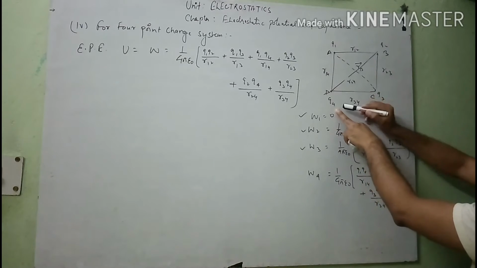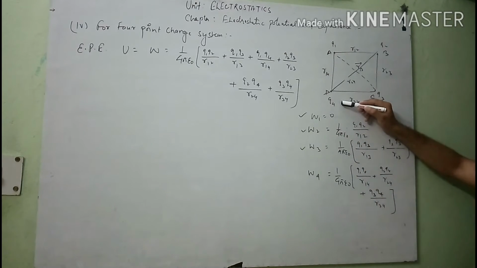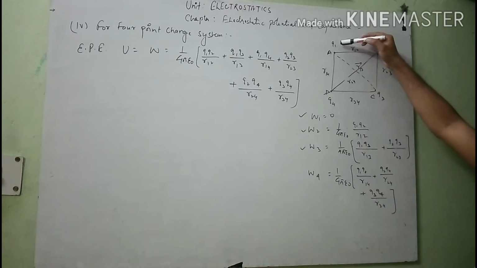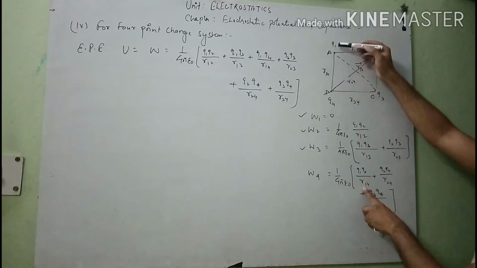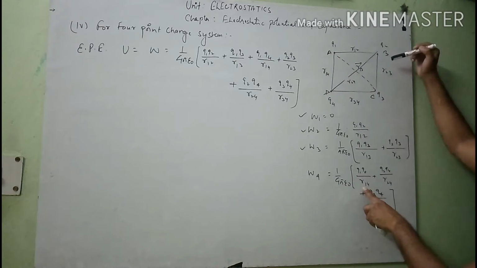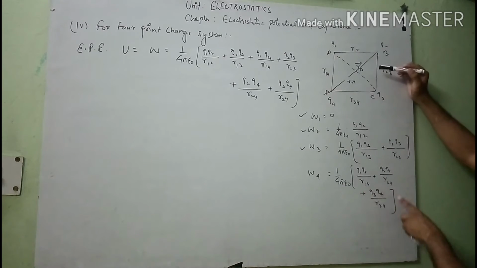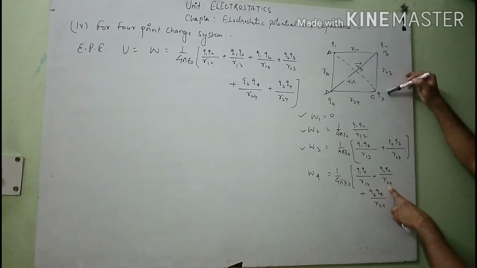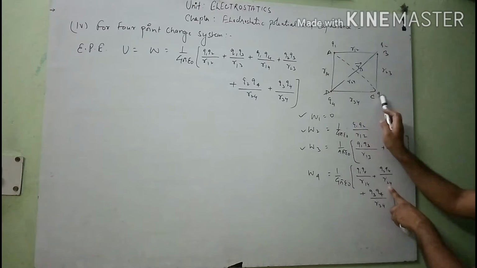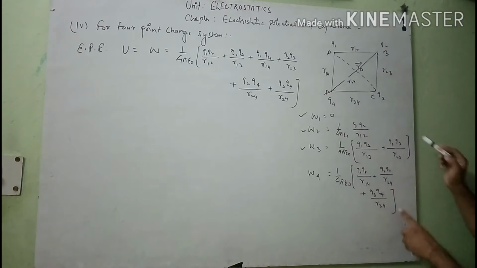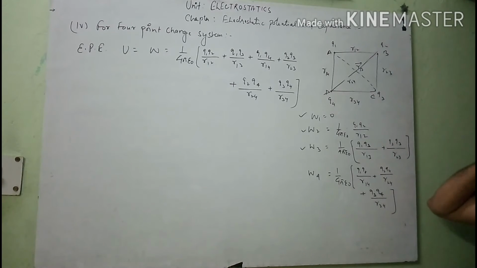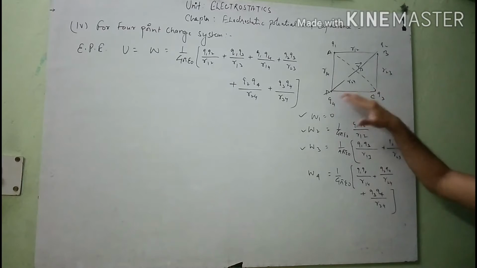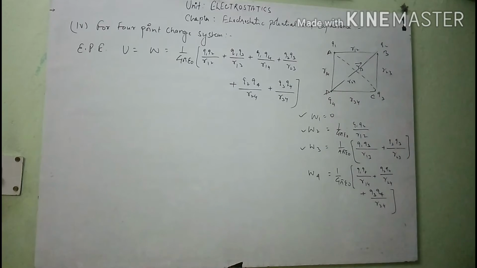The work done by charge Q4 against these is written as 1 over 4 pi epsilon naught Q1 Q4 over R14, 1 over 4 pi epsilon naught Q2 Q4 over R24, and after that for the third charge 1 over 4 pi epsilon naught Q3 Q4 over R34. This will be the work to carry the charge Q4 from infinity to a particular given position with respect to the given charges.